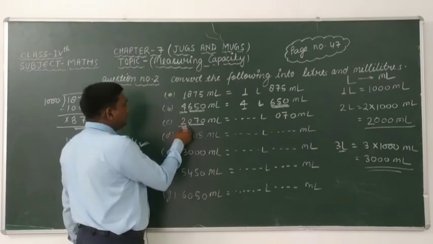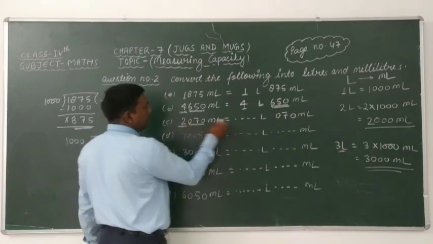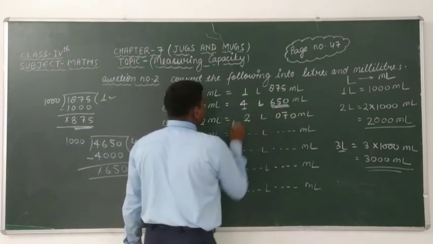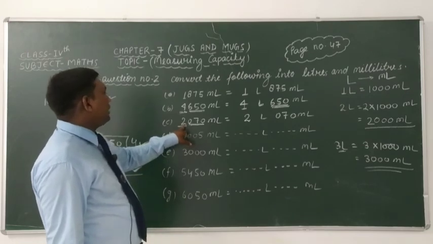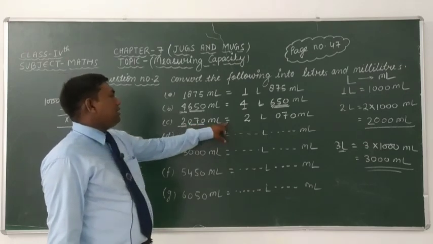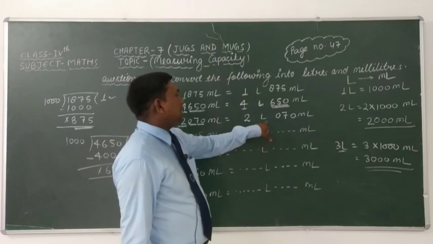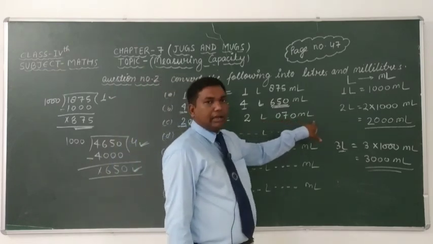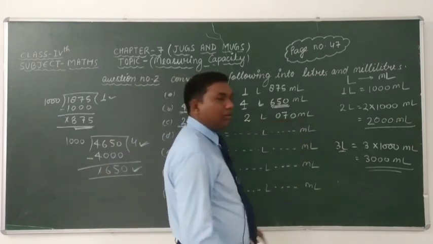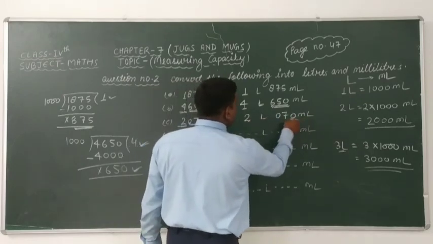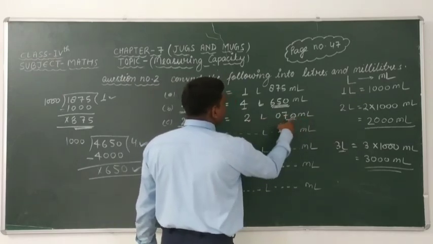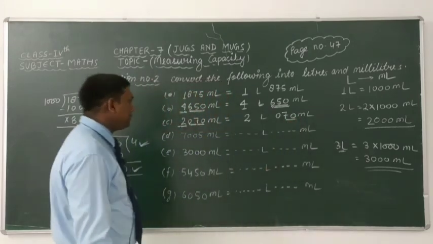Then rest digit is 2. Therefore, here we can write 2 as same. Then here we get 2070 milliliter is equal to 2 liter 070 ml. Understand? It means that 2 liter 70 milliliter. Clear?